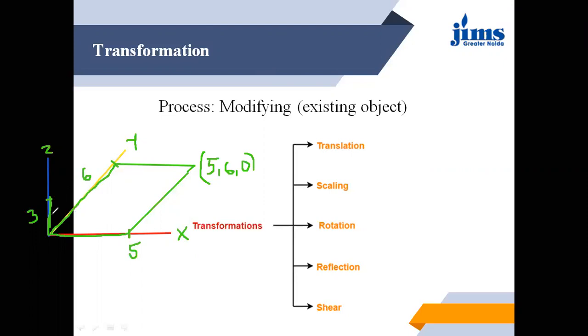So this is z, this will be another height of 3 on the z axis, and this is the y distance away.